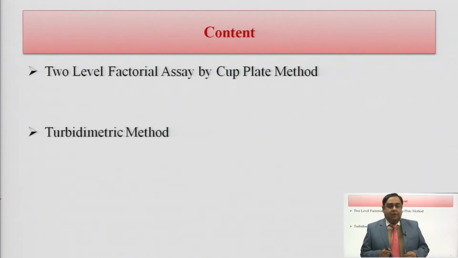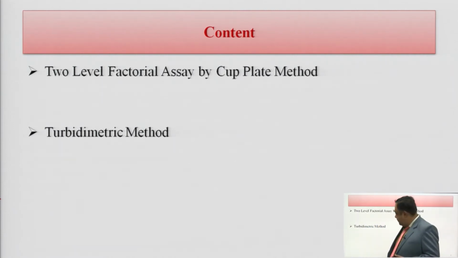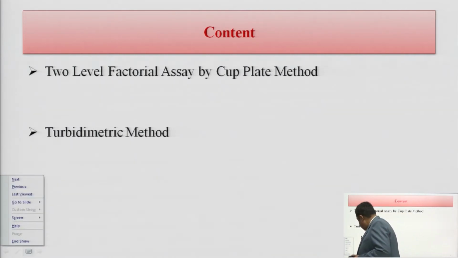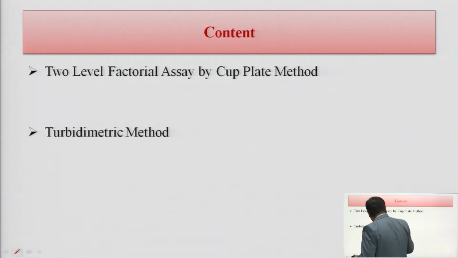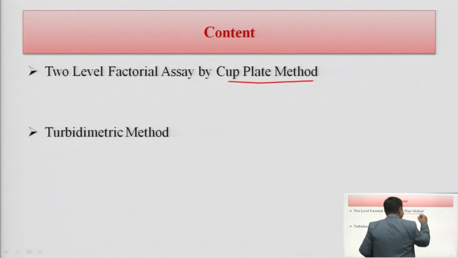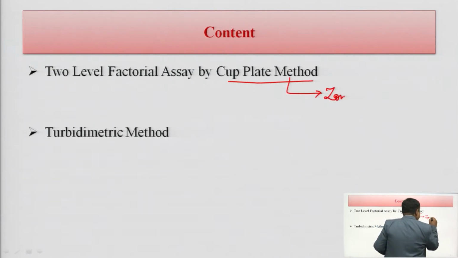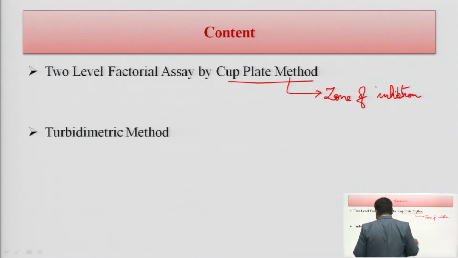So, the fundamental difference between these two methods is that in the case of a cup plate method, we are measuring what we are calling the zone of inhibition, whereas in turbidimetric method, as the name implicates, metric means measurement, turbid means turbidity.